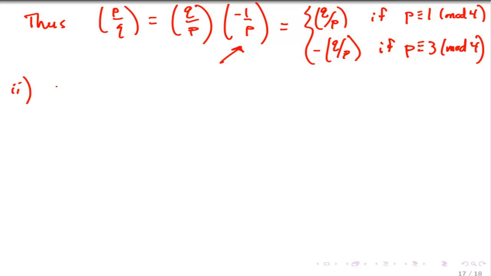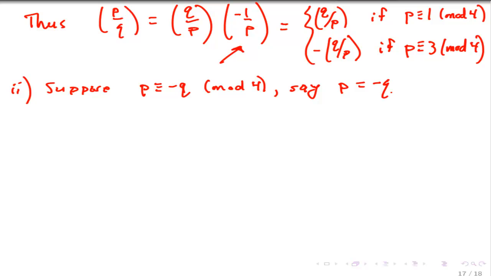2. Suppose P is congruent to minus Q mod 4T. So let's say that P is minus Q plus 4T.